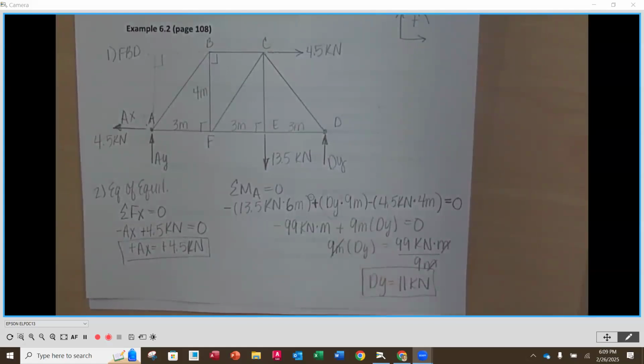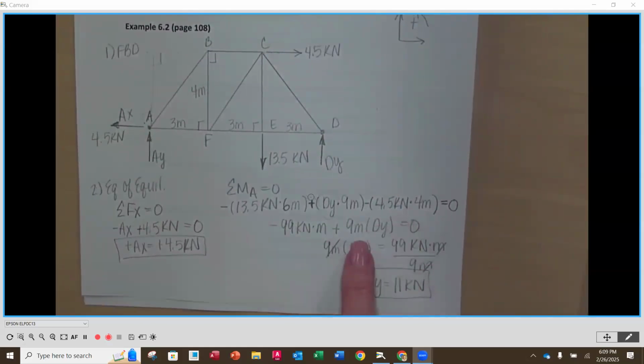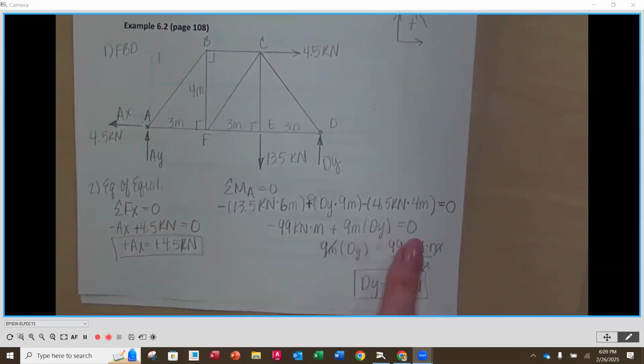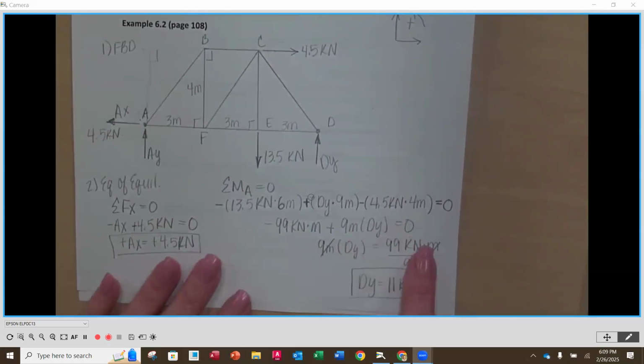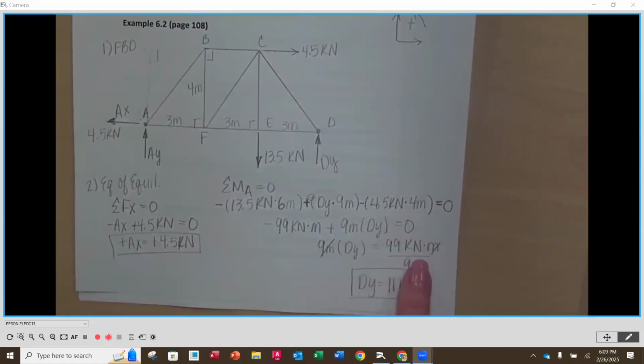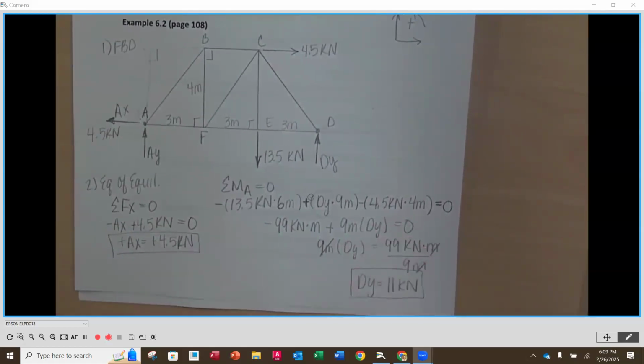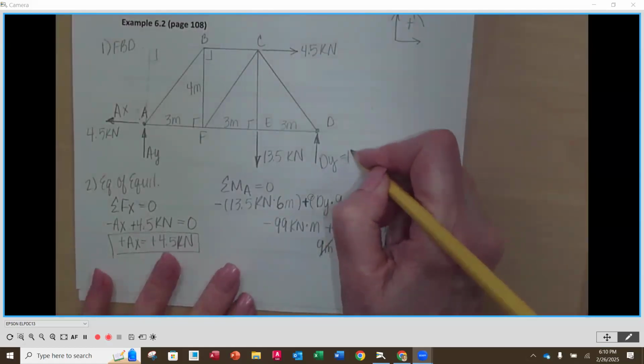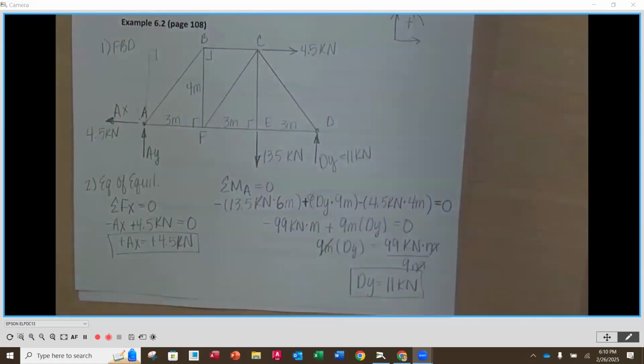You can see negative 99 here when you combine these two, plus 9 meters times dy is equal to 0. Moving that 99 to the other side becomes positive, so now we have 2 positives on either side, which is good. Divide by my 9 meters. My meters cancel out here. I'm left with kilonewtons, which makes sense for a force. So 11 kilonewtons is going to be my dy.